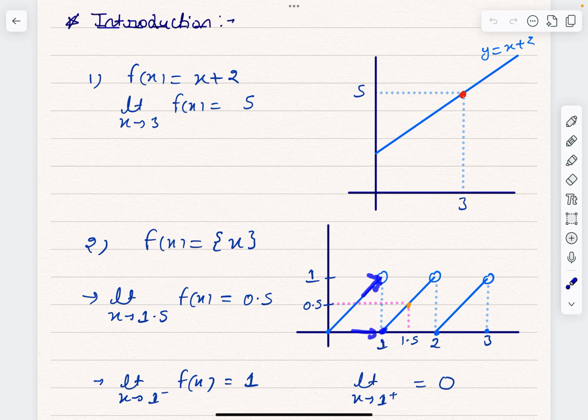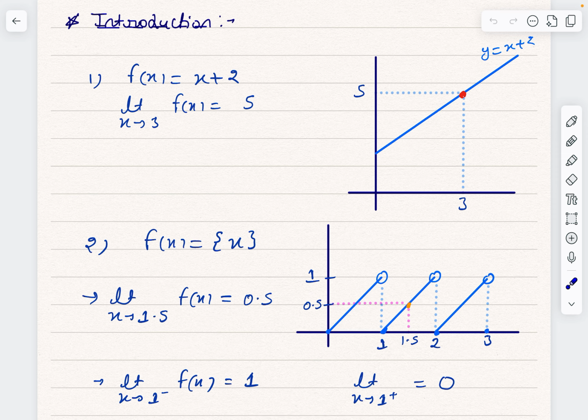It's not exactly 1, it's approaching 1, almost 1 but not equal to. And if you approach 1 from the right side, then the value of the function is approaching 0. So this is where you see the difference. Same function, same point, but if you approach from the left side, you reach 1. If you approach from the right side, you get 0. So this is the basic idea of limits.